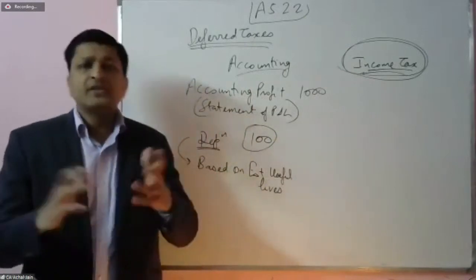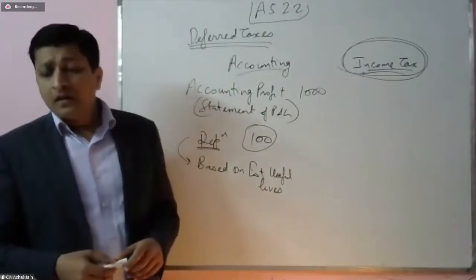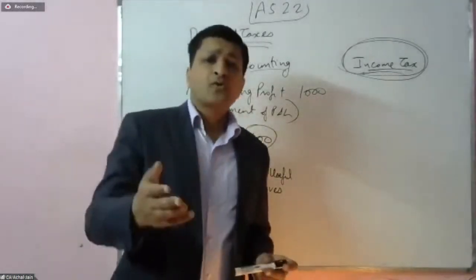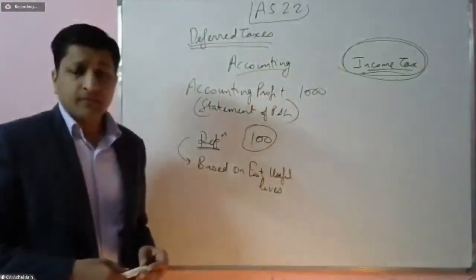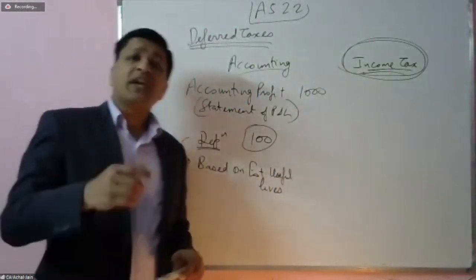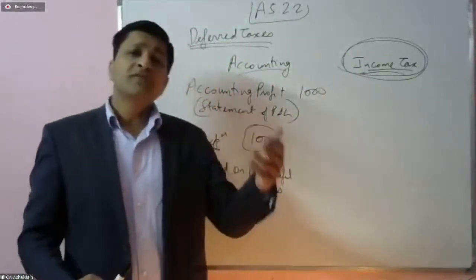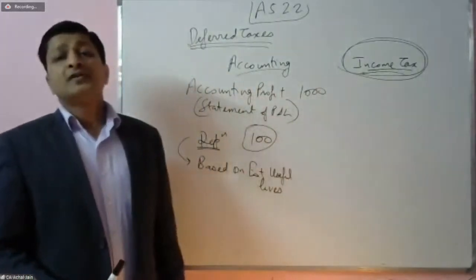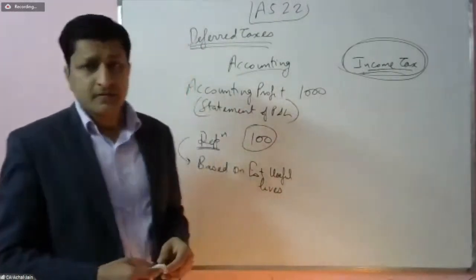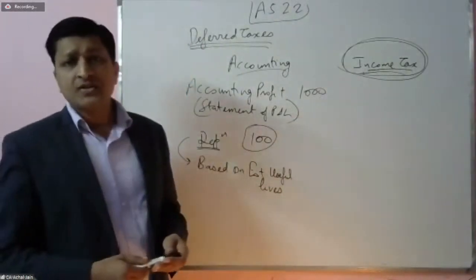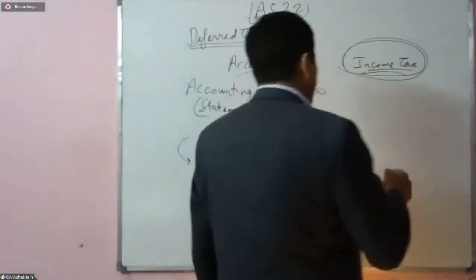There's a difference between these two. Now let us suppose the rates of depreciation and the methodology which income tax will consider are different from the ones which we have considered. And if we go by income tax, then the depreciation charge will come out to be 150.